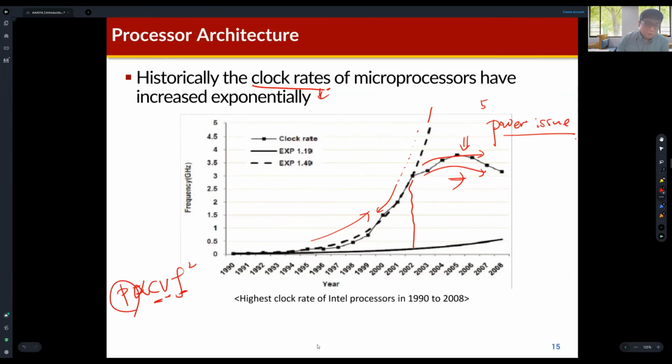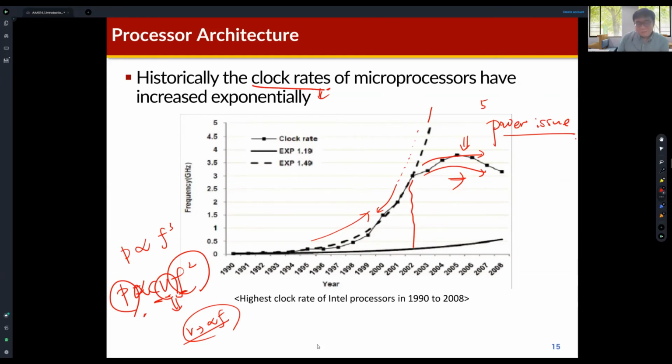The power consumption of a processor is proportional to the voltage squared times frequency, but the supply voltage is also proportional to the frequency. So actually the power is proportional to the cube of the clock frequency. So what does that mean?